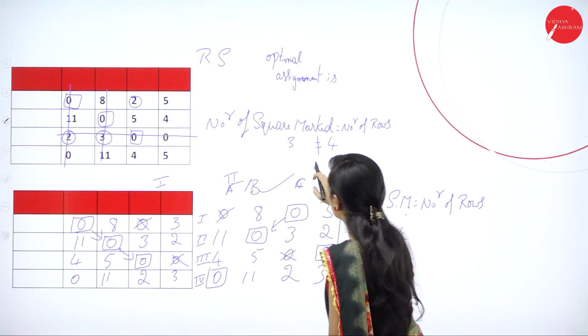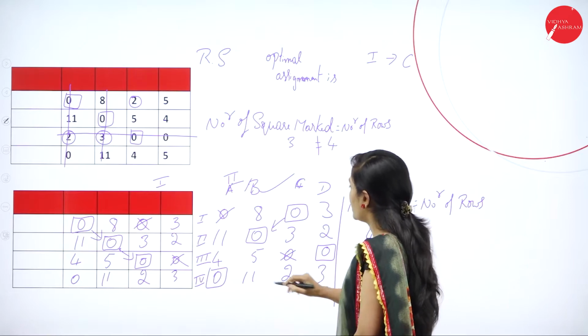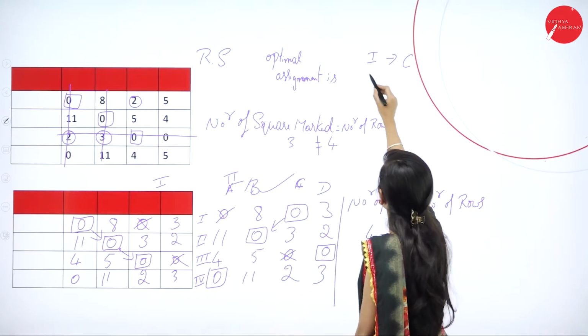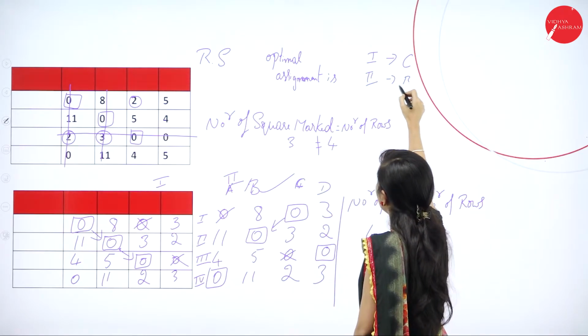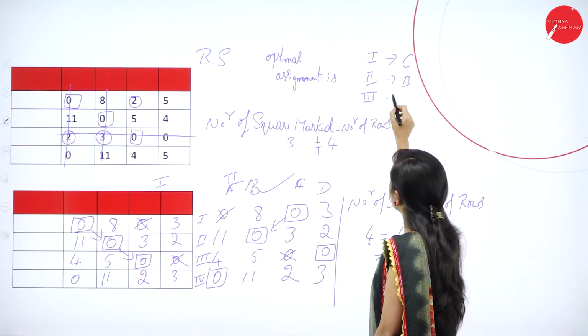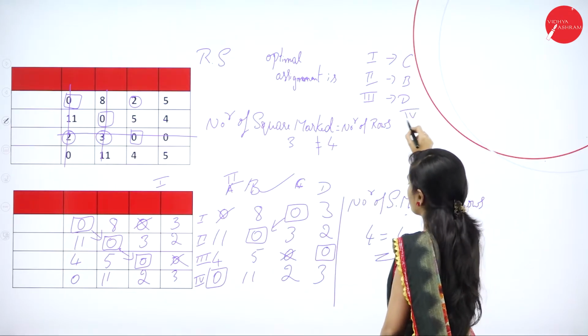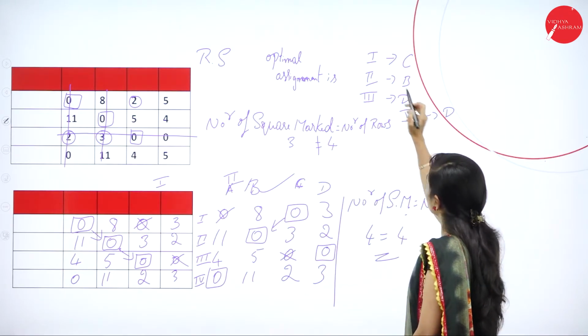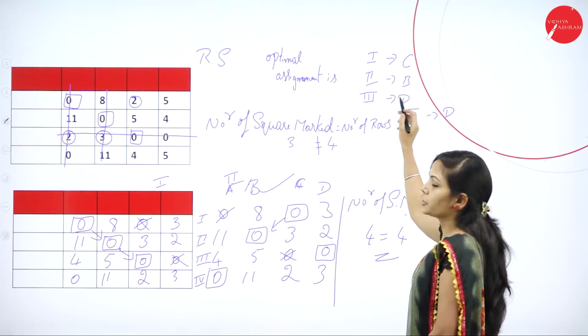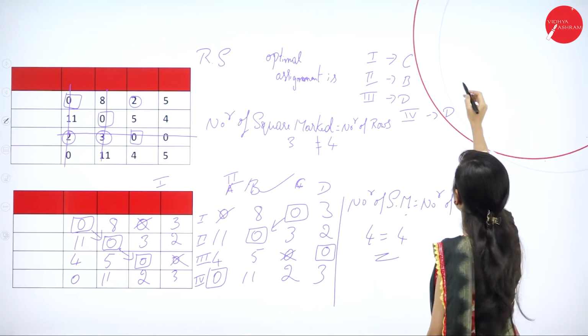So first row is connected to C and second row to B, and third row to D, and for fourth row it is D. So 1 to C, 2 to B, 3 to D and 4 to D. So now you can find the total cost.